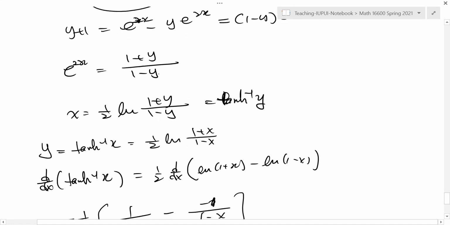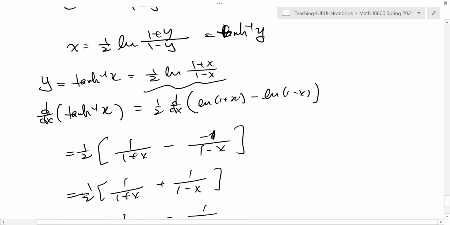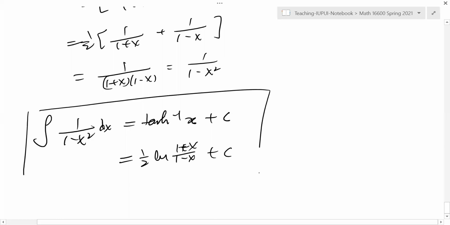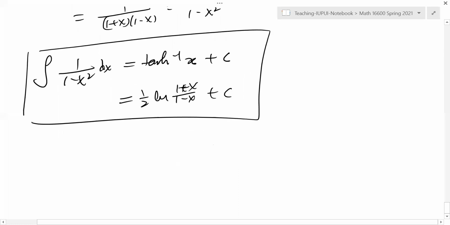The inverse function has another formula, plus c. We can also get this formula using a different method.